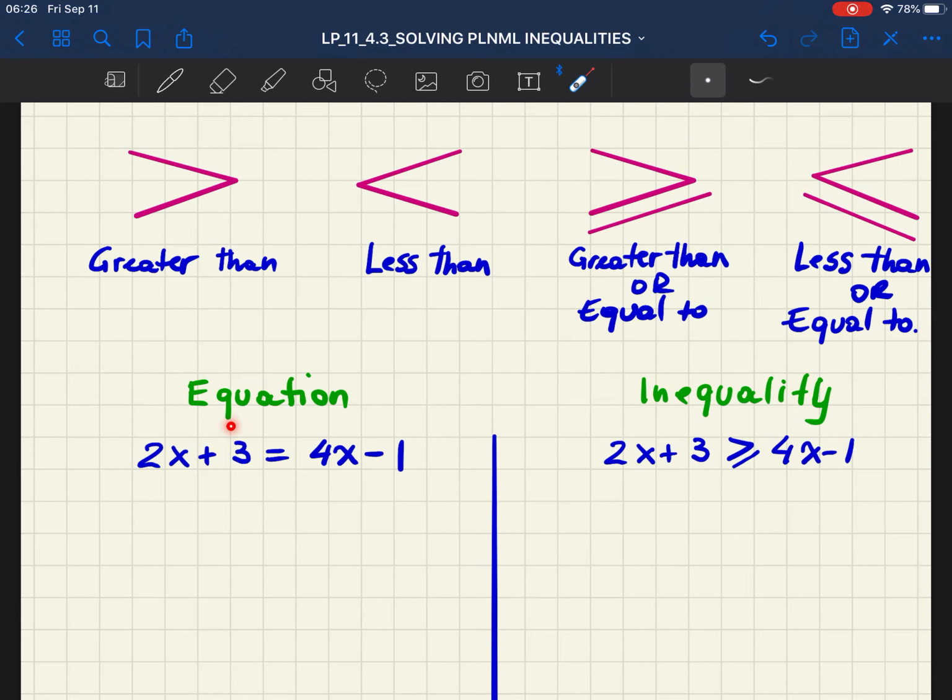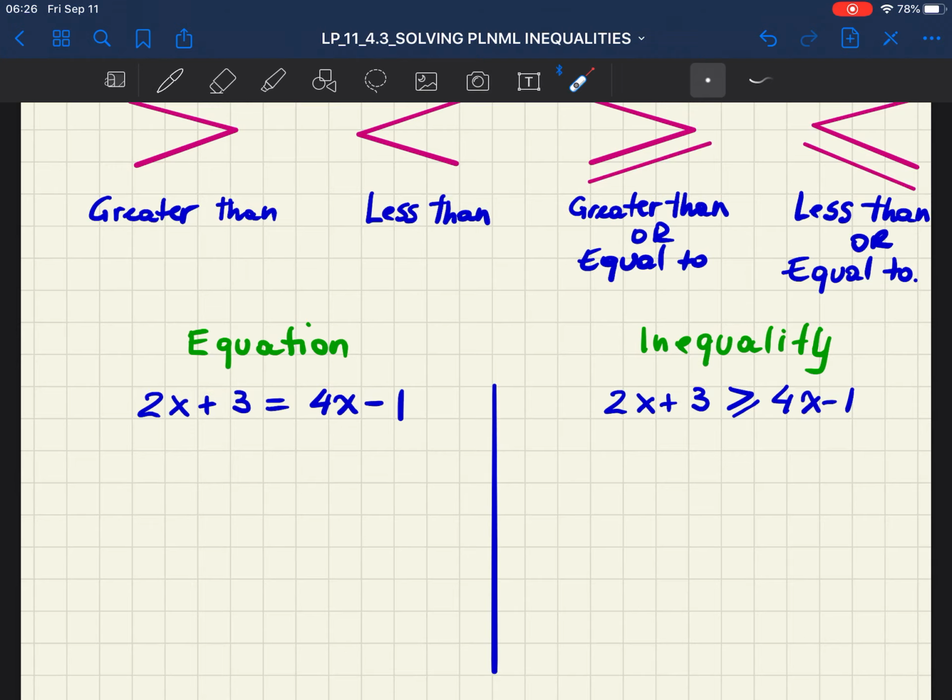Based on this equation, I built an inequality with the exact same terms, but instead of the equal sign, I added the greater than or equal to sign. Any of these symbols could have been in there, but that's what I chose. So we're going to solve them simultaneously.